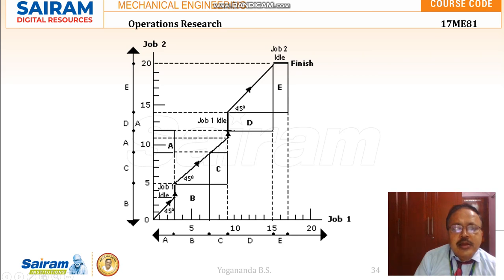Or instead of extending till this point, you stop here, go vertically, then draw a 45 degree line and then move horizontally. So from 0 till this point the journey is common. Then from here either go vertically, then at a 45 degree line, and then move horizontally, or go horizontally, go at 45 degrees, then reach the finishing point. So there will be two paths.